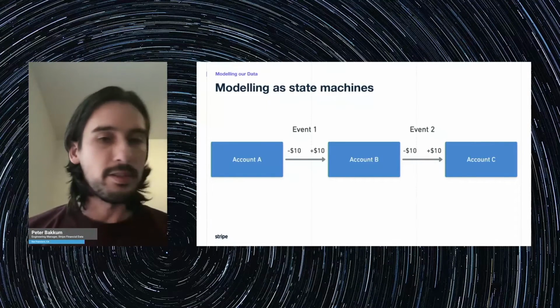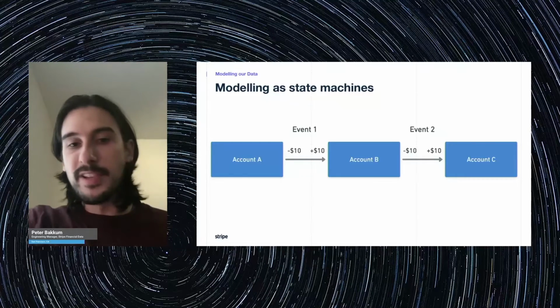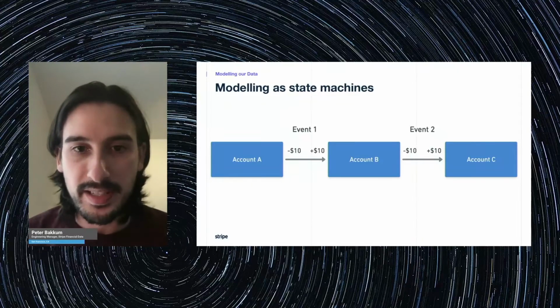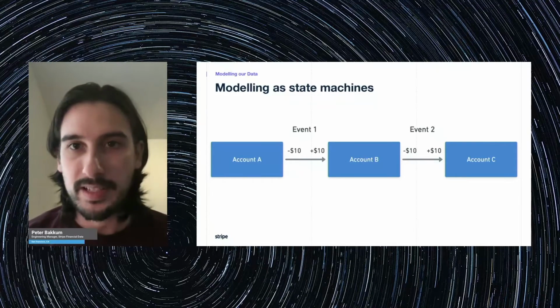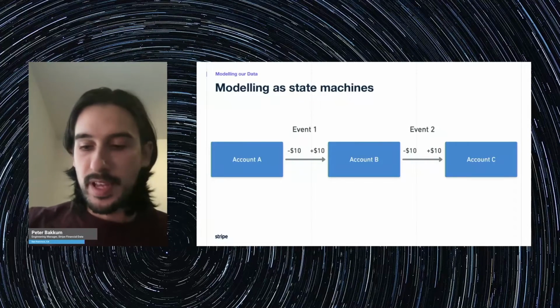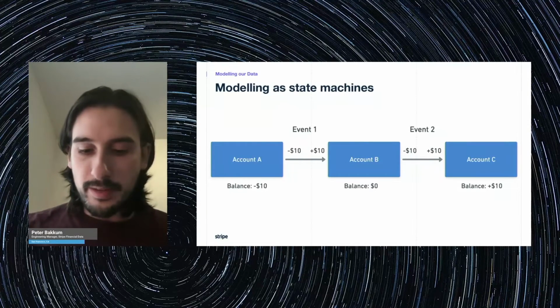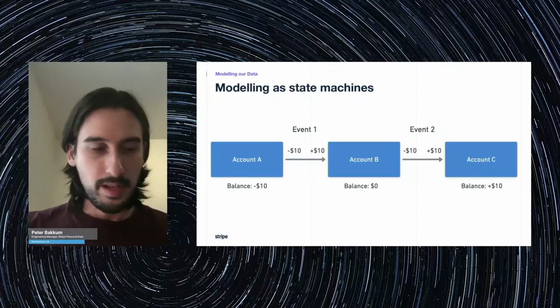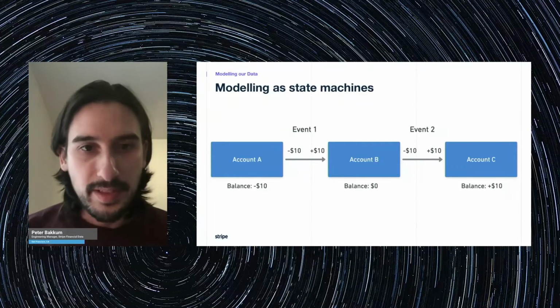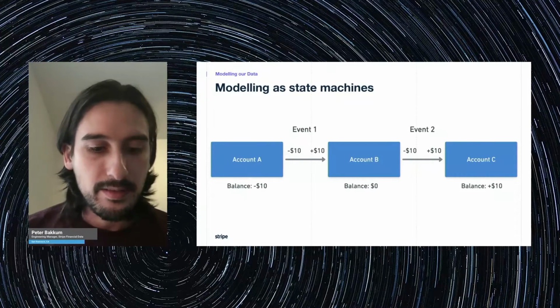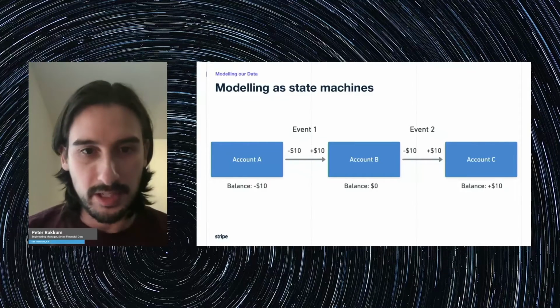In other words, you can then track money moving through the system, moving across teams, waiting for reconciliation. And a critical piece of this is that we have a balance associated with each account.